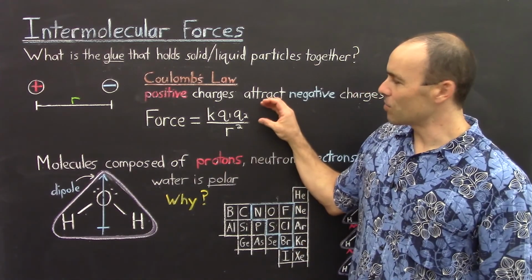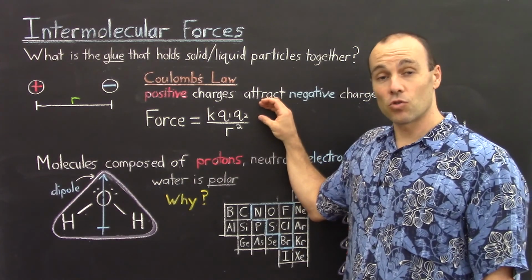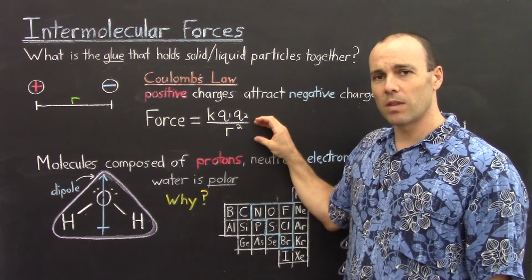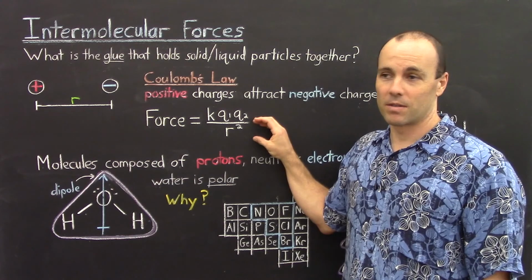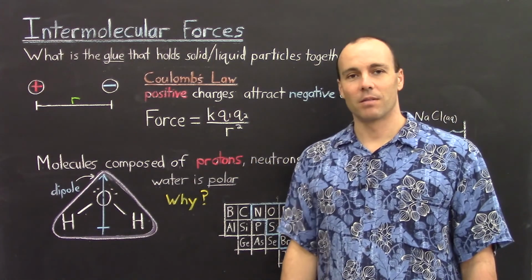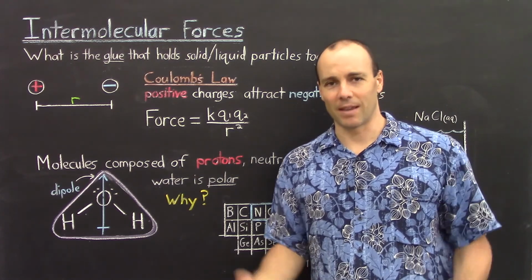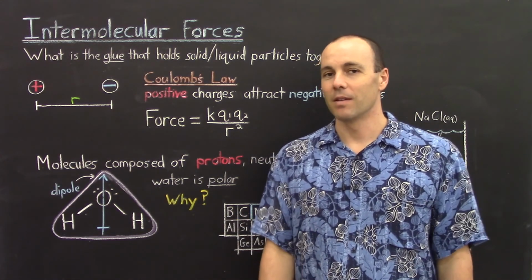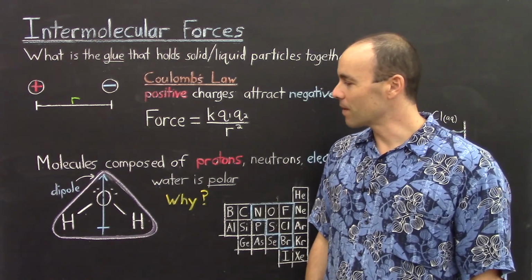So you see, the larger the magnitudes of the charge, the stronger the force, and the larger the distance between them, the weaker the force. Okay? Now, we remember from before that negatively charged particles attract positively charged particles. Okay, nothing really new there.